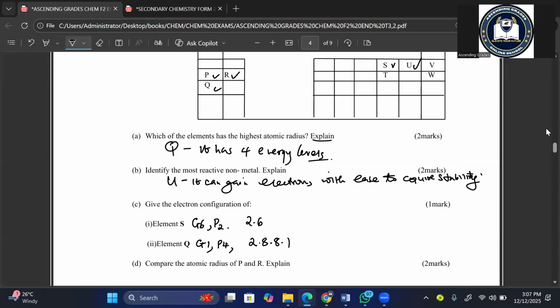Then we are supposed to support that. So P has larger atomic radius than R. Then why?